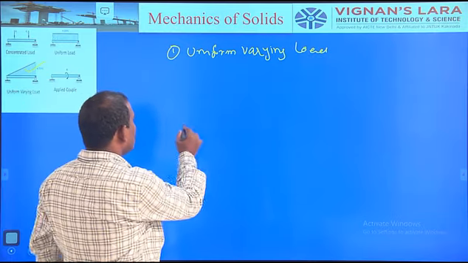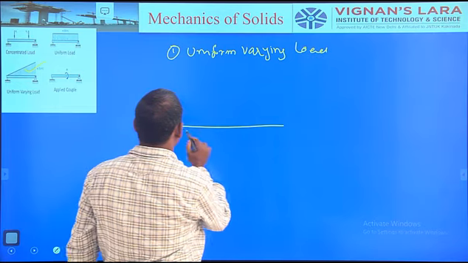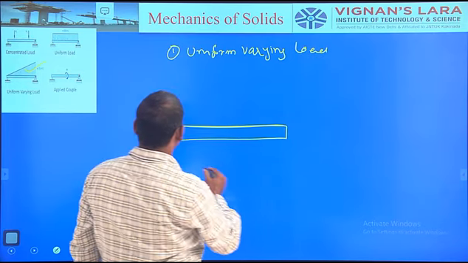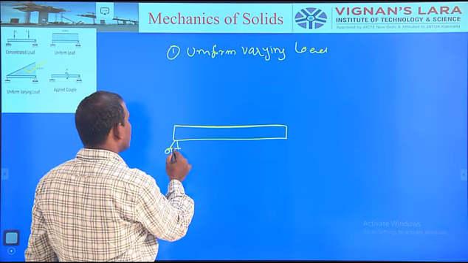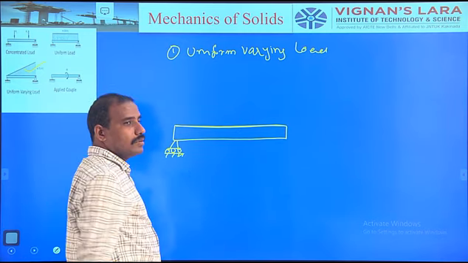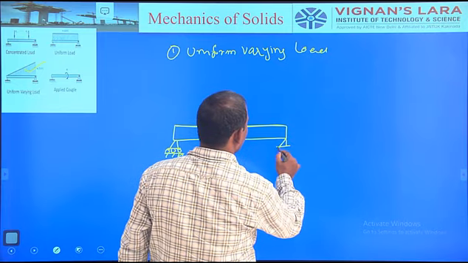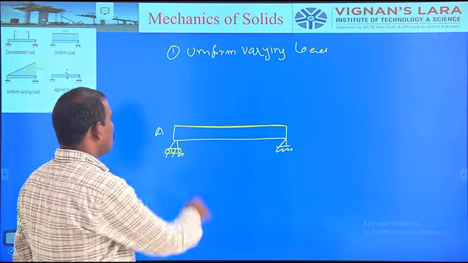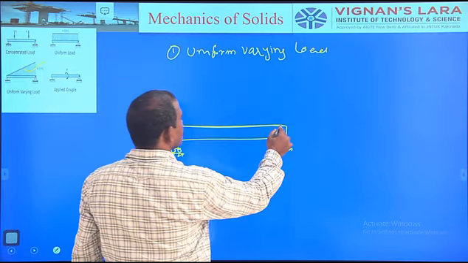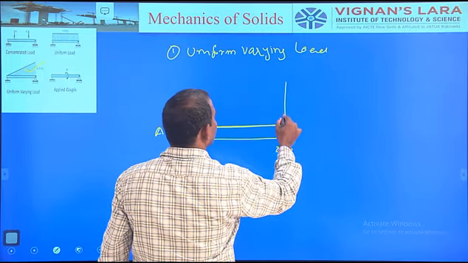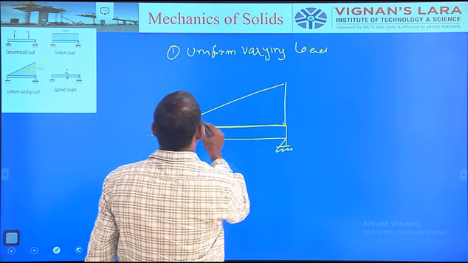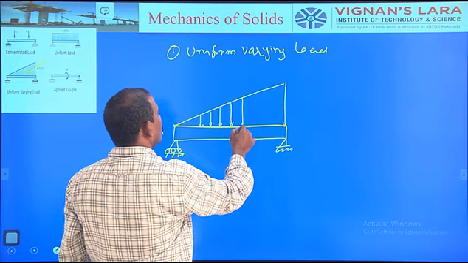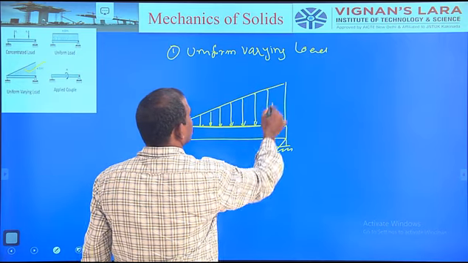Here I would like to take the same simply supported beam over a length L. One end is with a roller support, the other end is with a hinge support. The intensity of load at A is 0 and it increases gradually up to B, linearly. This is the graphical representation of the uniformly varying load.